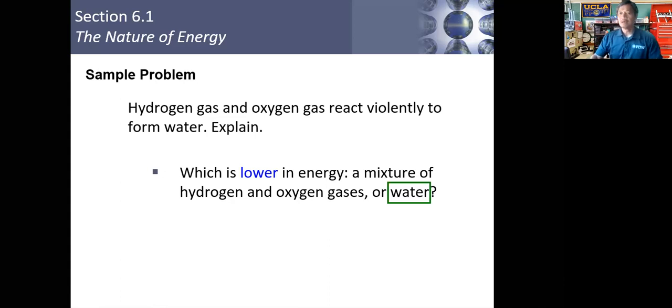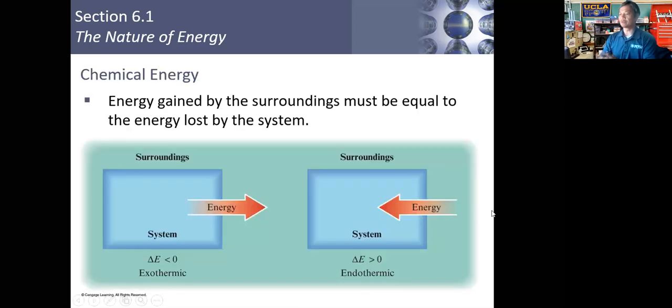Hopefully the idea of this exercise is to identify a system, and we're focusing only on the system from here on out, and identify whether that system is absorbing heat energy, in which case it is undergoing an endothermic process, or the system is giving off energy, in which case you have an exothermic process. So to summarize, this is what you should be able to do.